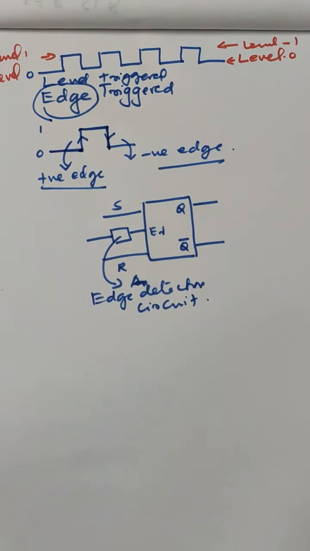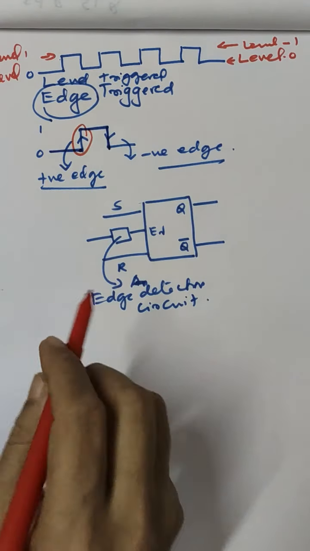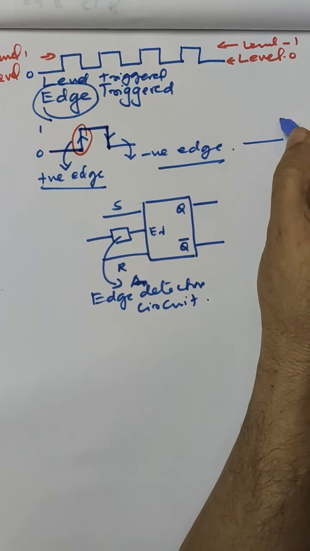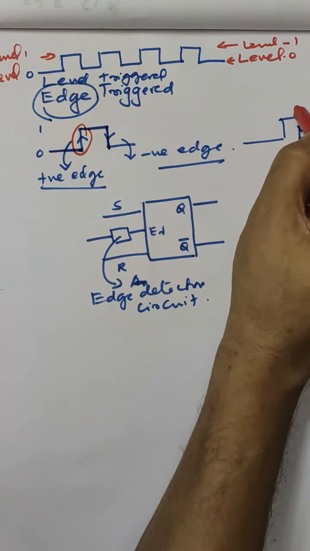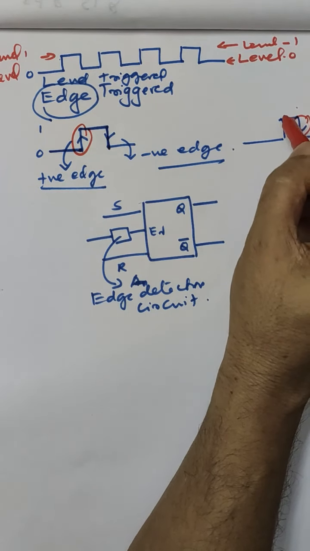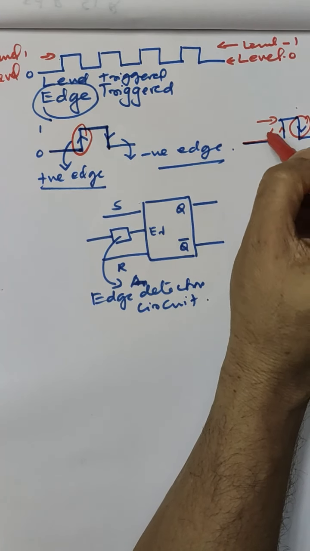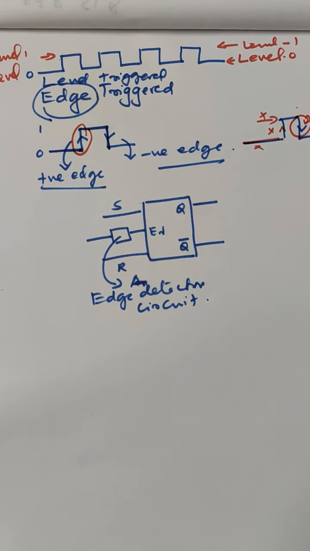So it will respond only for this edge. Similarly, a negative edge triggered flip-flop will respond only for this edge. It will be disabled for this level, or this one. So this is the concept of a level triggering and an edge triggering mechanism.